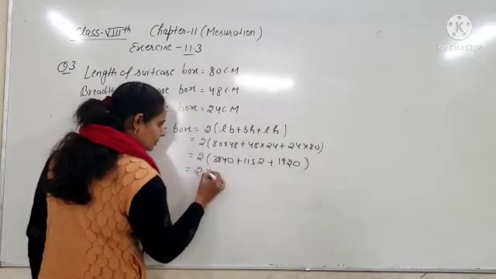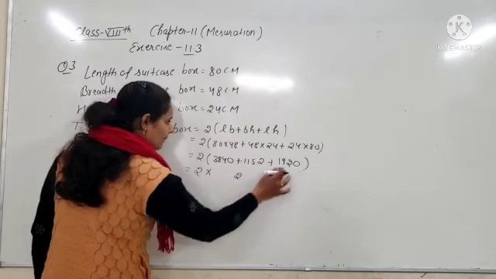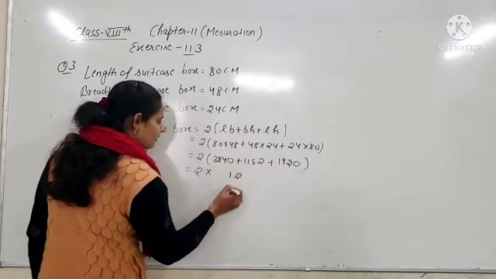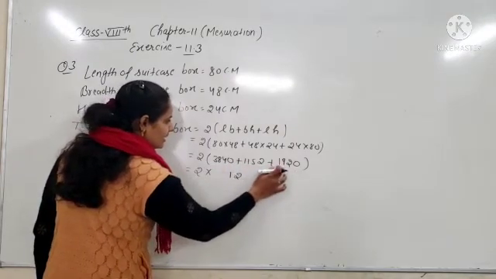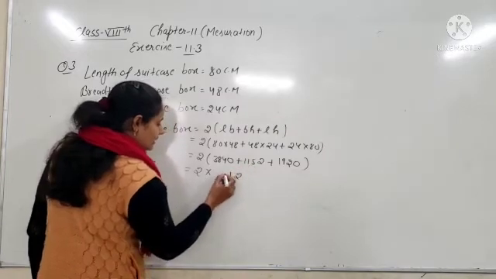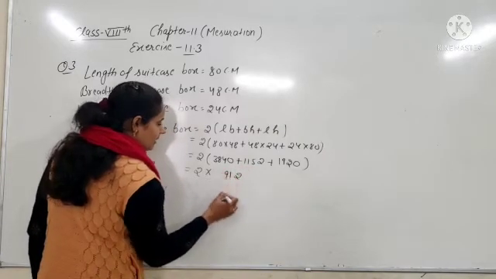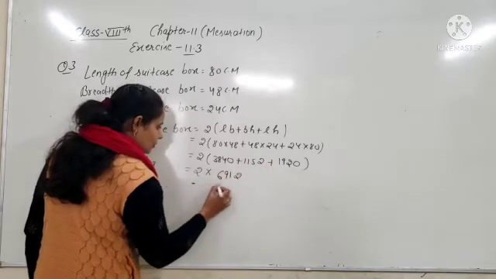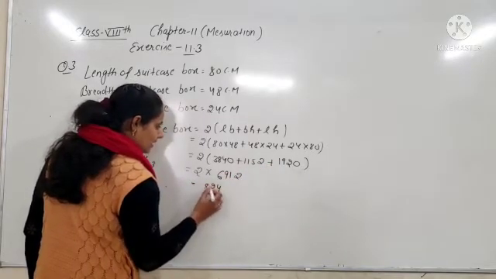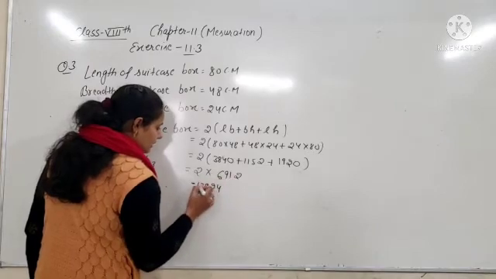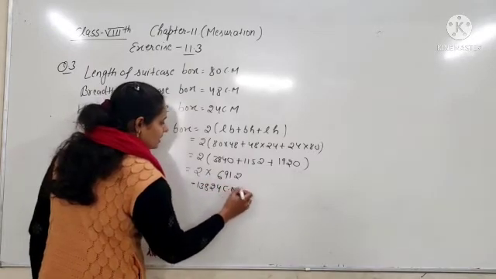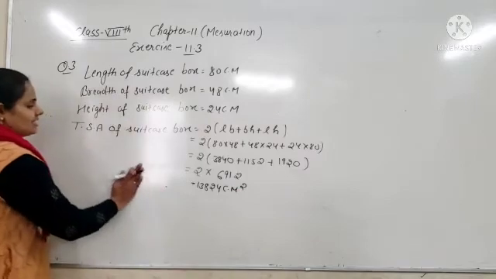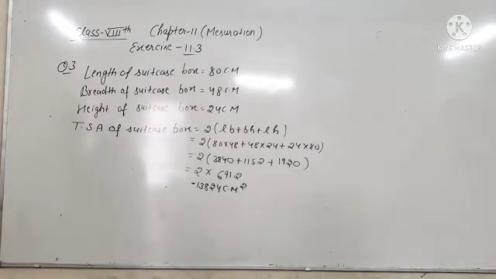Two times the sum gives the result in centimeter square. Clear? So this is the total surface area of the suitcase box.